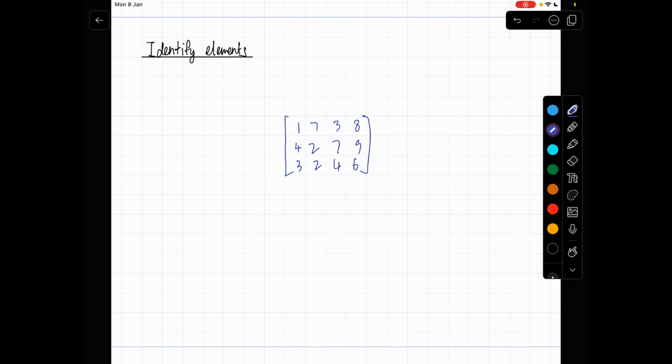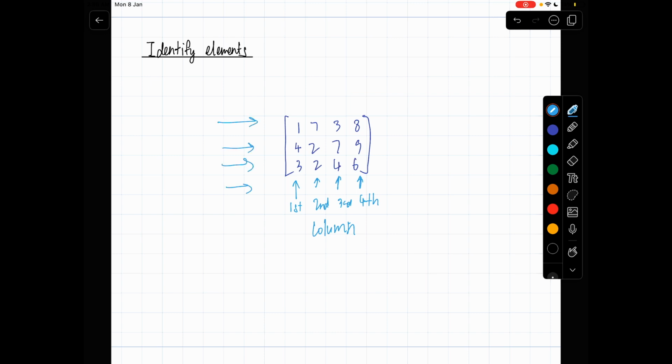Alright, so here what happens is you have to count the columns from the left to the right. Just like you're reading, this is the first column, this is the second column, this is the third, this is the fourth. So just remember, for columns, read from left to right, and for the rows, look from top to bottom.